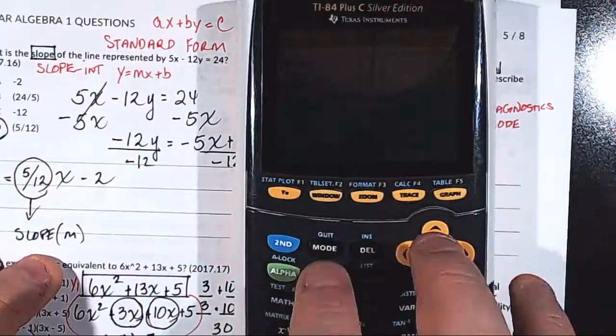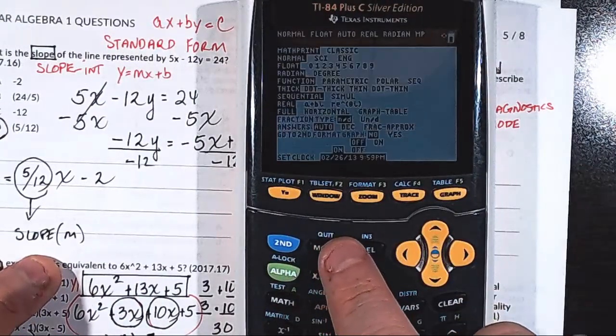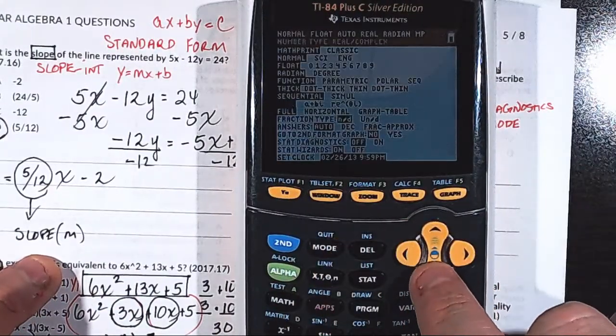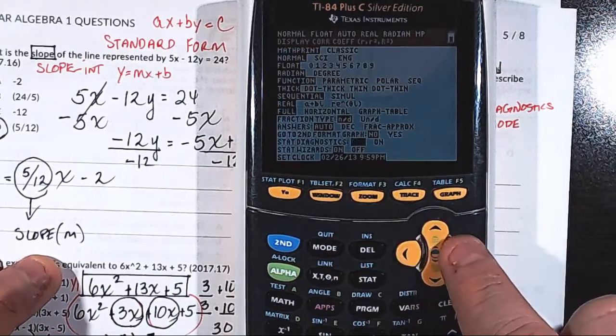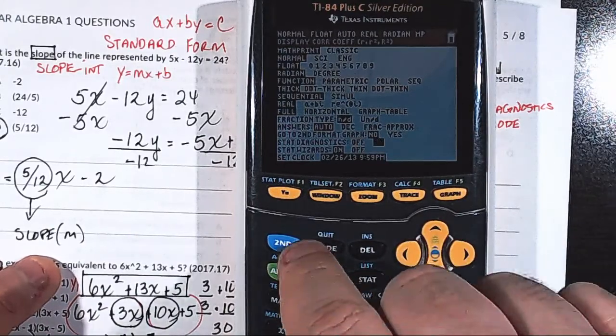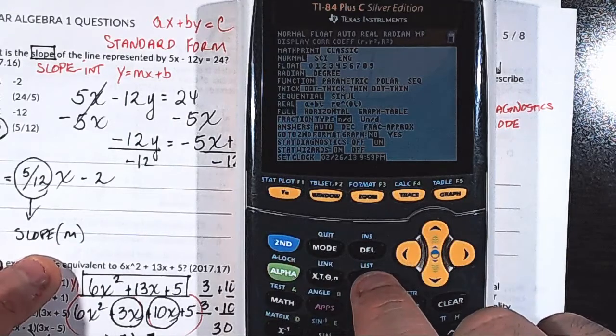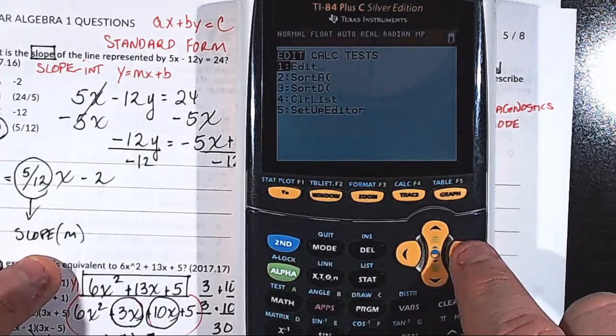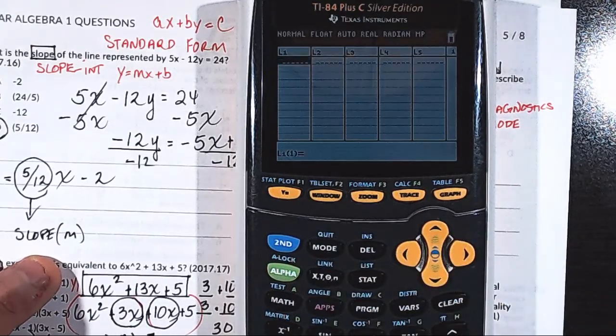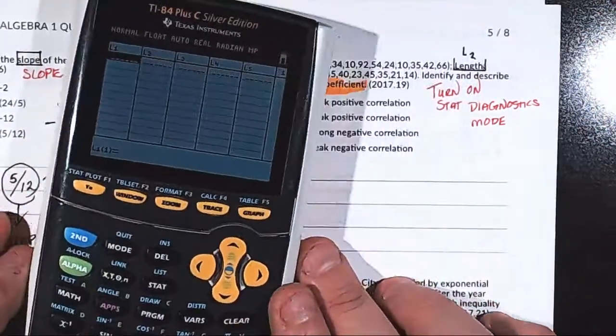Like on this calculator, you just hit mode, and you go all the way down here and turn on stat diagnostics.